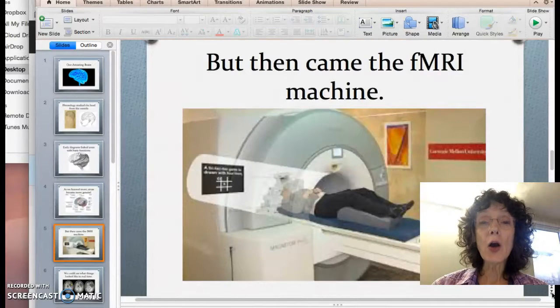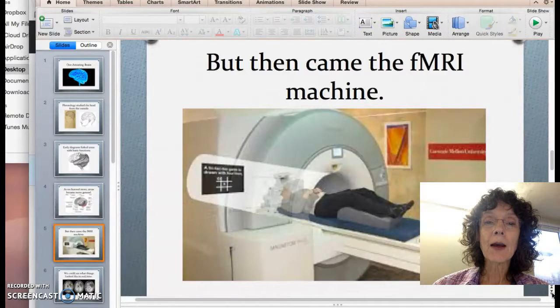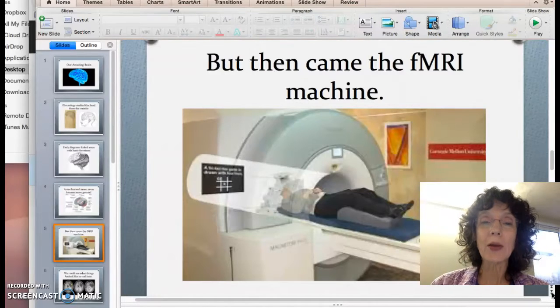And so even though it's hard to do tasks in a tube, you'd be amazed at the resourcefulness with which researchers and potential research subjects have come up with ways to have people do different kinds of tasks inside an fMRI machine. There's even a study where they studied jazz musicians by having them play little plastic keyboards inside that tube. And they have to be plastic because if they were metal, the giant magnets would whack them up against the side of the tube.